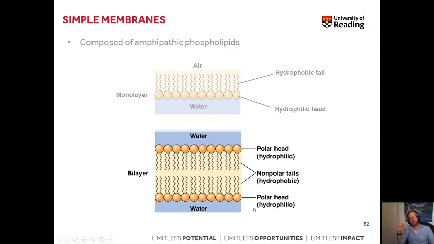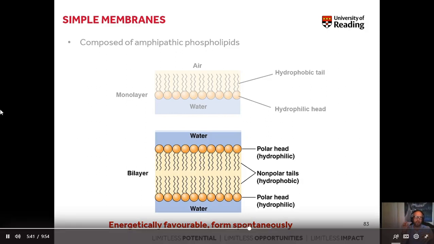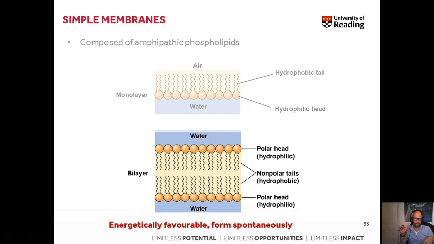Again, we have two of those polar heads because this is a bilayer. Those membranes that are composed of two layers are energetically more favorable, and they do form spontaneously. In nature, very few monolayer membranes actually do occur because they require a lot of energy.